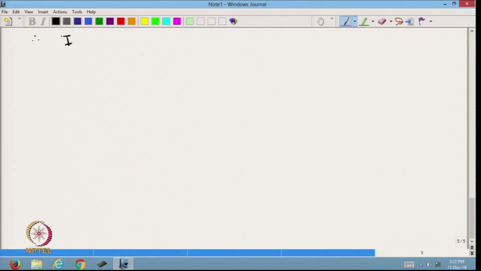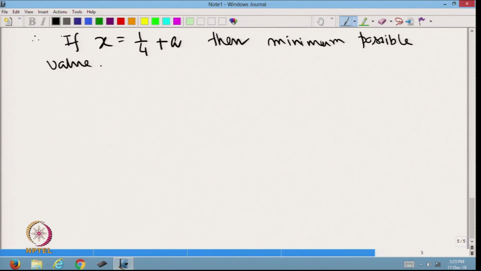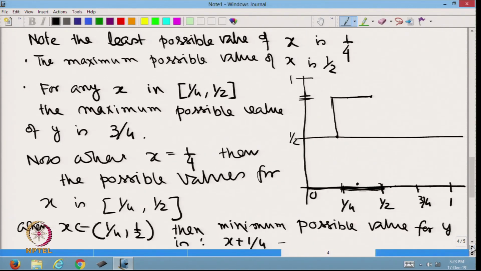Therefore, if x is equal to 1 by 4 plus A, then the minimum possible value for y is 1 by 4 plus A plus 1 by 4, which is equal to half plus A. Therefore, if we go back to this diagram, we can see that when this is A, the corresponding value is going to be half plus A. Therefore, when x moves from 1 by 4 to half, this is the triangle that we are getting as the possible values of the x y pair such that the favorable event will happen. Hence, let us call the triangle ABC.